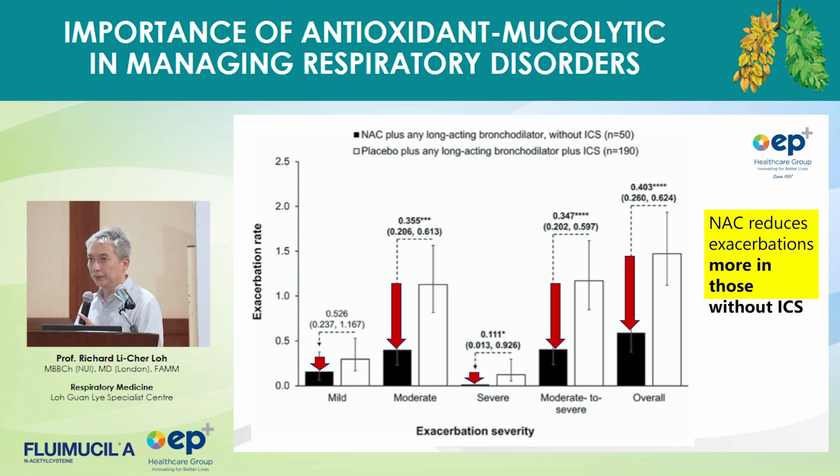So COPD, as you know, some patients we treat with ICS, some patients no need. So the GOLD guideline nowadays advises us that we should just use bronchodilators. The more effective the bronchodilator, the longer acting the bronchodilator, the better.